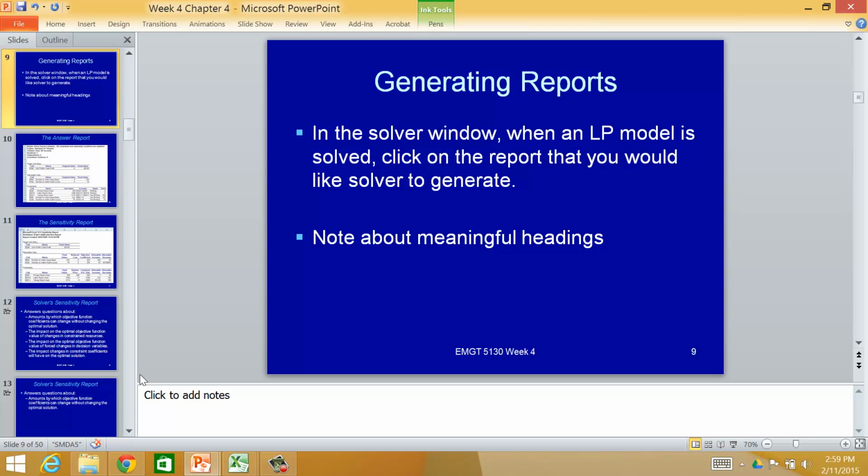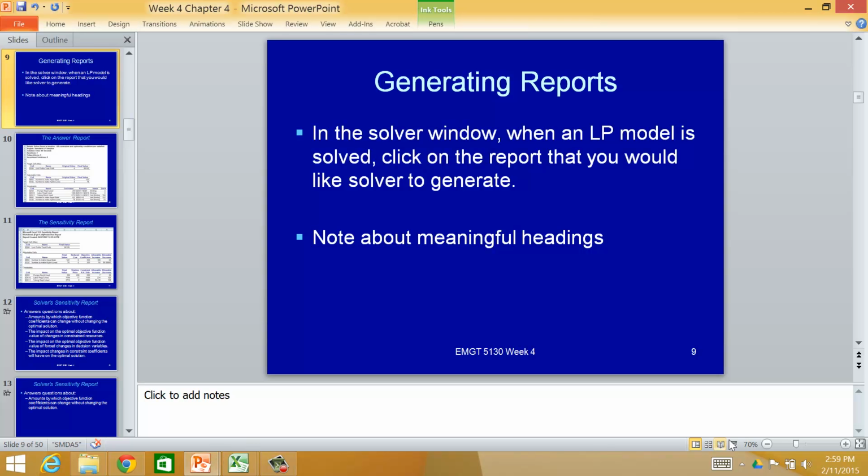So you need to find which cell represents the labor resource part. If you don't have meaningful labels for your cells in the Excel model, it will be very difficult for you to find out which is which. Okay, so that's very important.